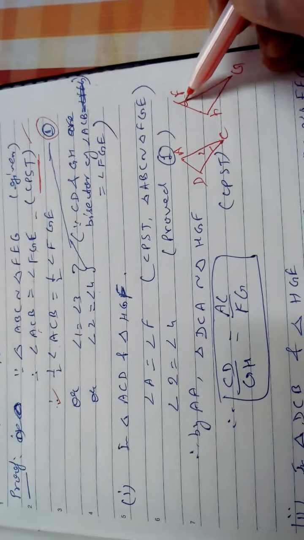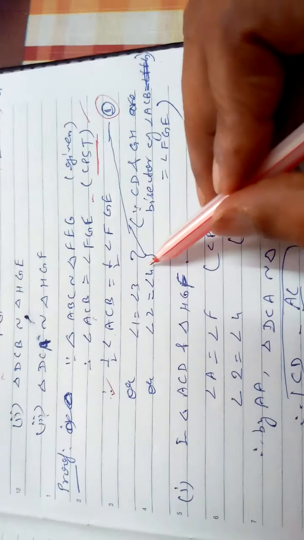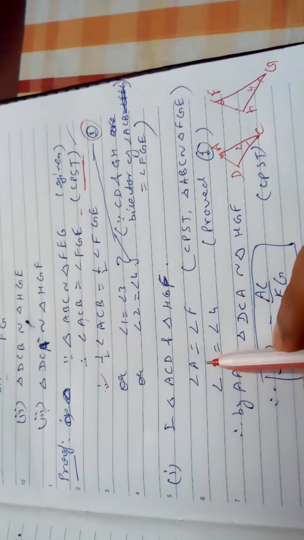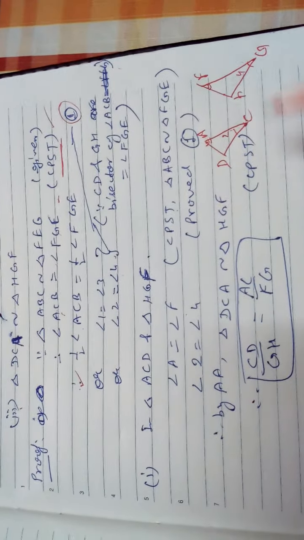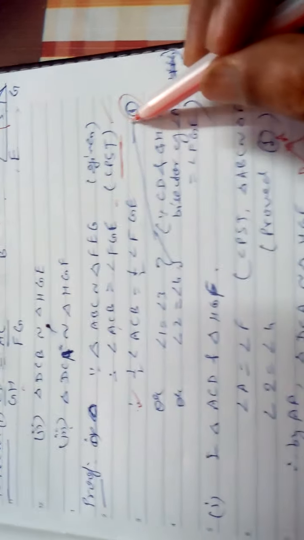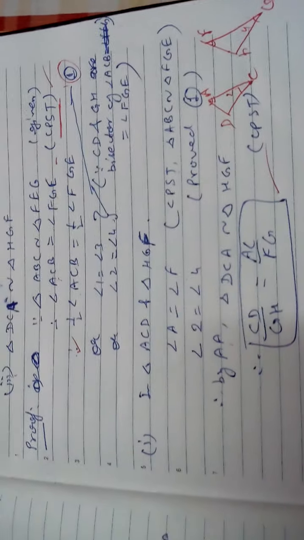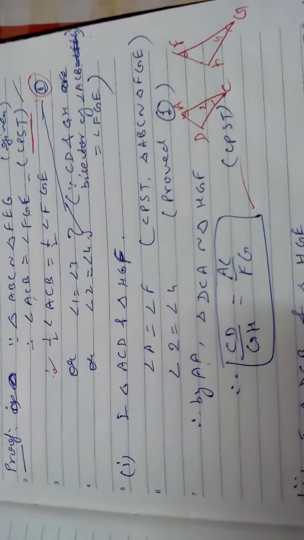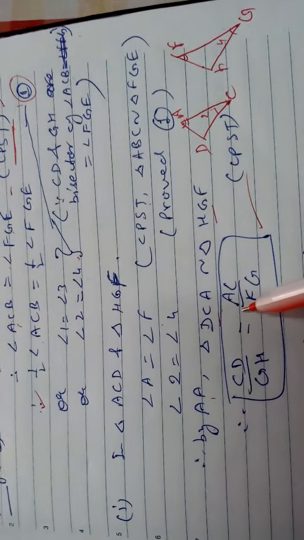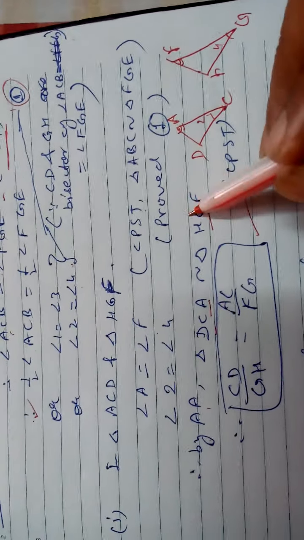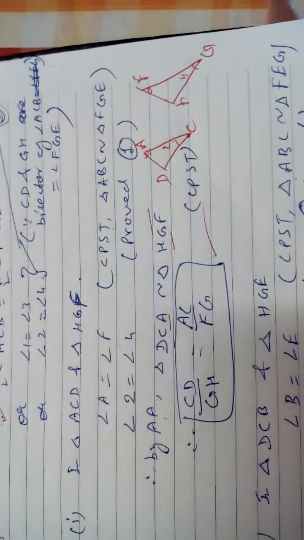So here this angle is equal because you have proved by 1. So angle A is equal to angle F because of CPST. Angle 2 is equal to angle 4 because we have proved here. So by double A similarity both are similar. If it is similar, then CD by GH, first 2 upon first 2 is equal to last 2 upon last 2. So AC by FG you have got, hence proved.